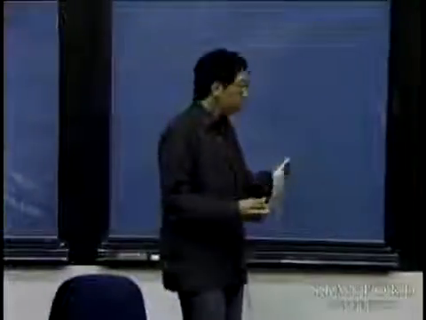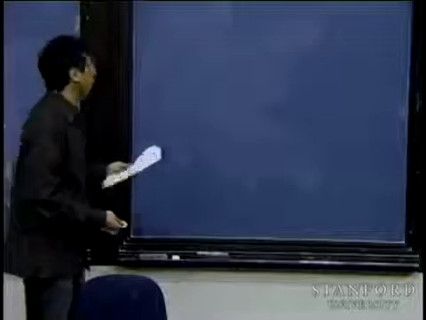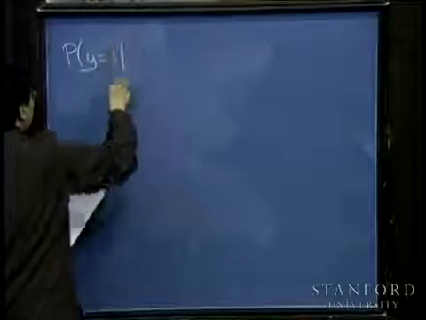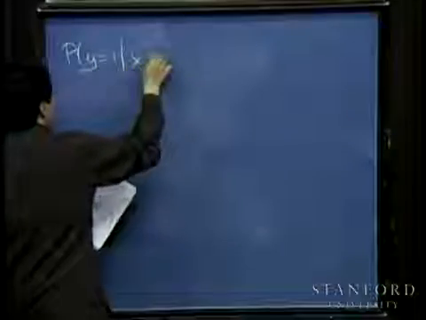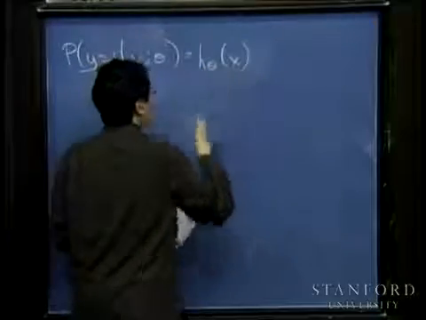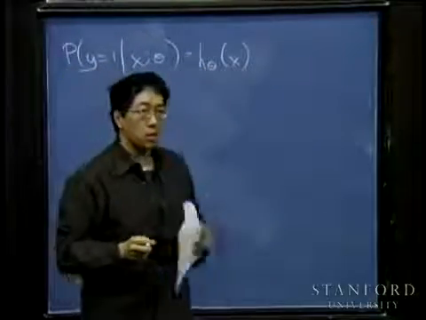Notice now that the values output by my hypothesis will always be between 0 and 1. And furthermore, just like we did for linear regression, I'm going to endow the outputs of my hypothesis with a probabilistic interpretation. So I'm going to assume that the probability that y is equal to 1, given x and parameterized by theta, is equal to h subscript theta of x.